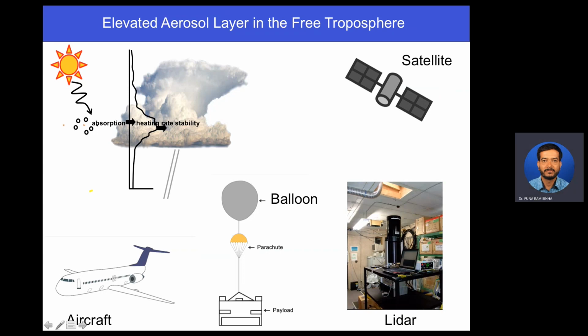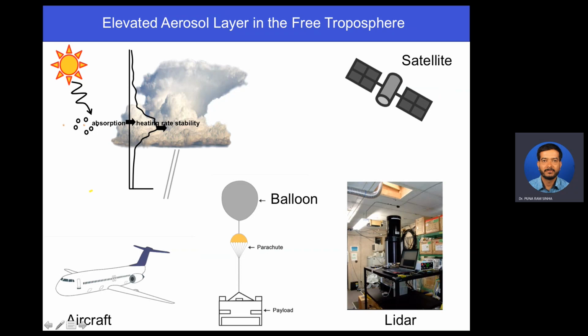With satellite, especially, we can have measurement of aerosols in wider spatial scales, but at poor temporal resolution because satellite has an overpass time of 1 day, or in our case, the satellite which I am going to refer to in this talk is Calypso, which has 16 days overpass. At a given location, it repeats after 16 days.